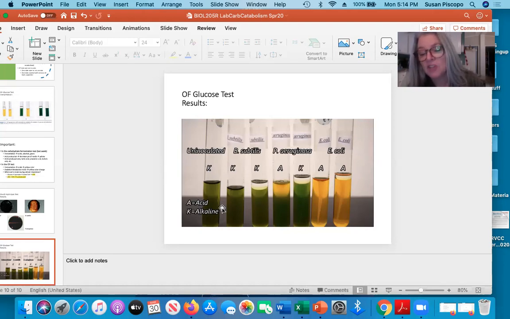Don't worry about that. I'll talk about that in just a minute. Just know that this greenish color is sort of the uninoculated color. Now, Bacillus subtilis has a greenish color in the tube that's open to air and a greenish color in the tube that has oil over it. So you can record that for Bacillus subtilis as green in aerobic and green in anaerobic.